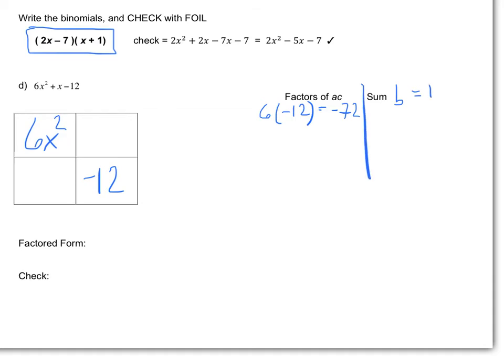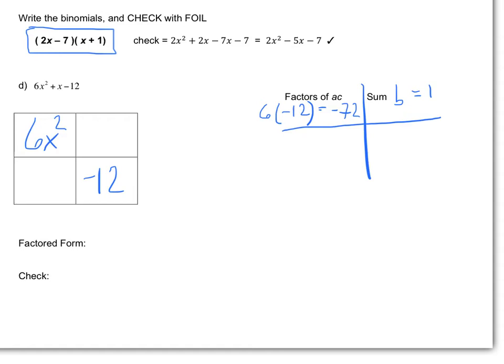Okay? So 72 has an awful lot of pairs. But think about a negative 72. I need one positive, one negative, that when I add them together, I get a 1. So really I want two factors that are really close to each other. Well, if we think about our multiplication tables, I could think 6 and 12, but they're that far apart.